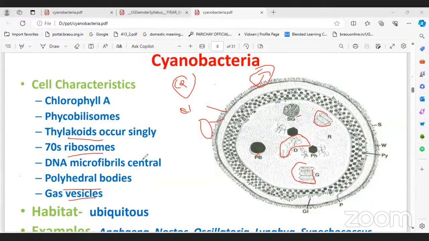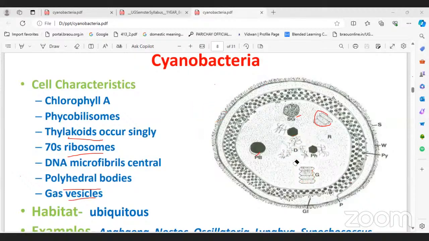In general, plant cell wall is cellulose. Remember it. But in cyanobacteria, peptidoglycan and mucopeptides are present in the cell wall composition. Is it clear about the cell structure?